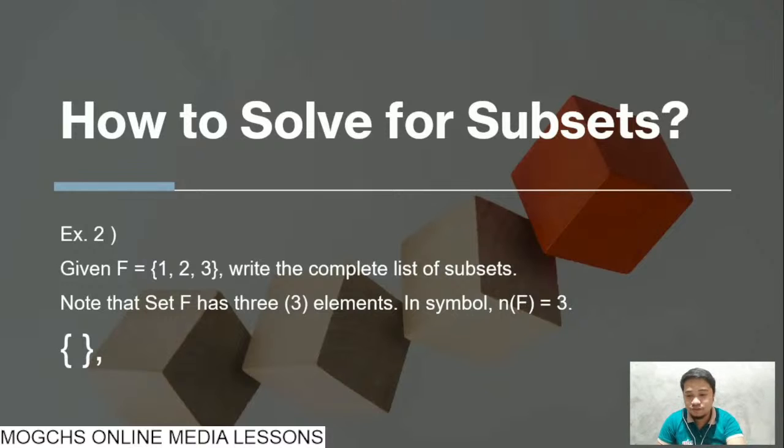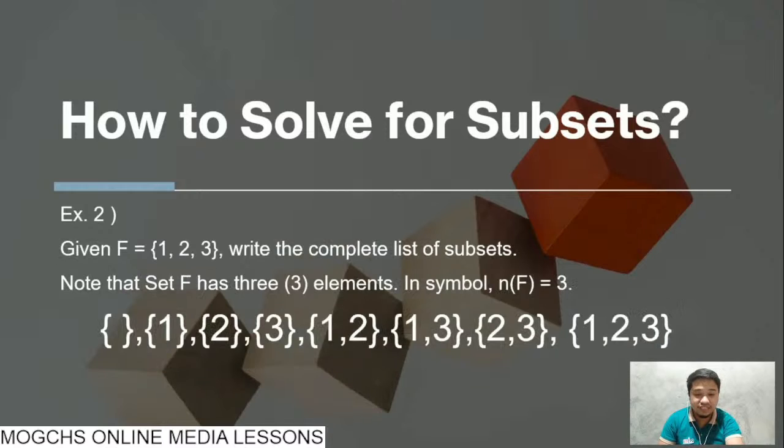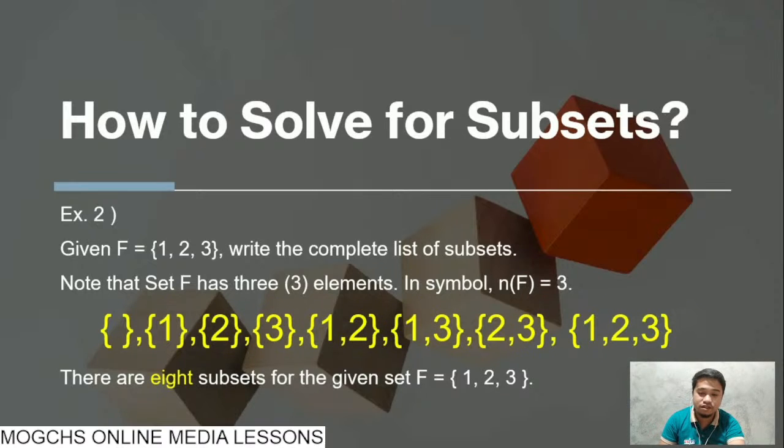Next, we have 1, 2, 3, 1 and 2, 1 and 3, 2 and 3, and lastly, 1 and 2 and 3. Is there more? None. So, therefore, there are 8 subsets for the given set F, whose elements are 1, 2, 3.